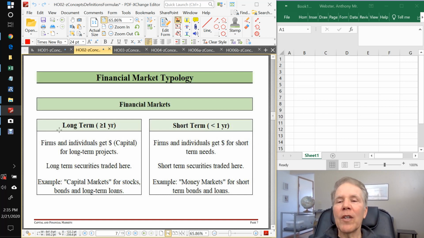We're much more interested in long-term markets where companies go to get funds for big long-term projects like launching a new product line, building a new factory, buying another company that they think will help them in the future, that type of thing. And it's also where long-term securities are traded. Okay.